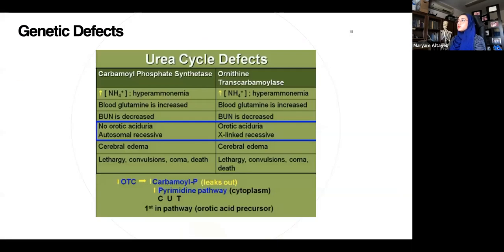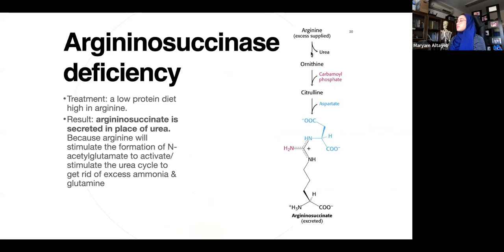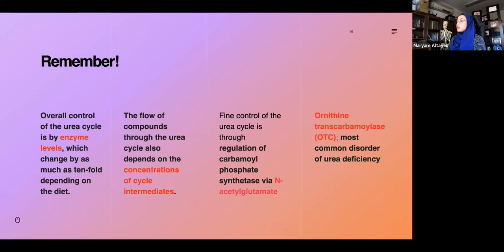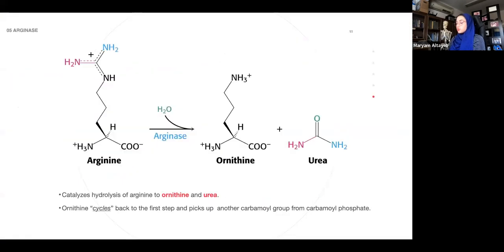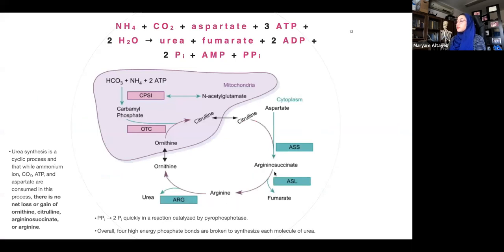Did that answer your question? I'll show you again here. So again, we have arginine, okay? Usually it's going to give you urea, and that's going to excrete it outwards. I'll explain it another way. So if you can make argininosuccinate, but you can't break it down, what you're doing instead is supplementing here, because this enzyme is working, this enzyme is working, this enzyme is working.